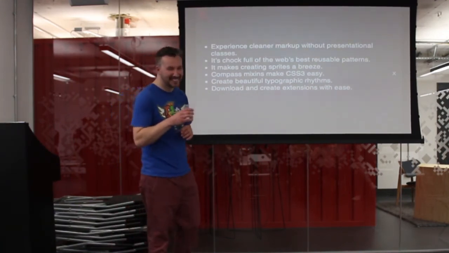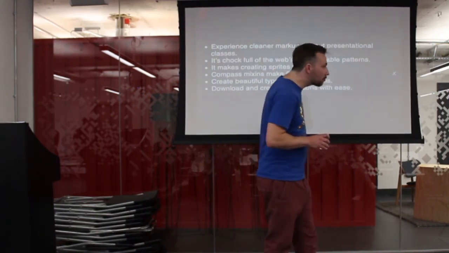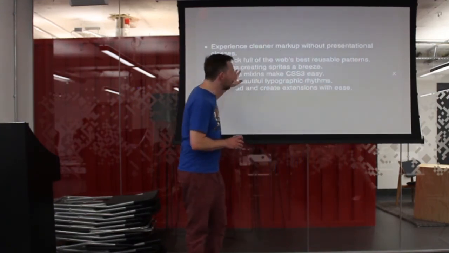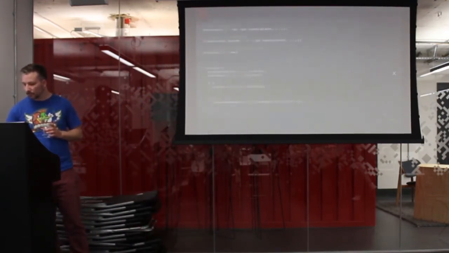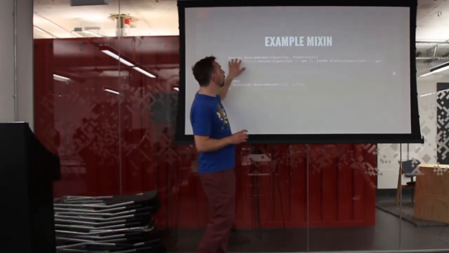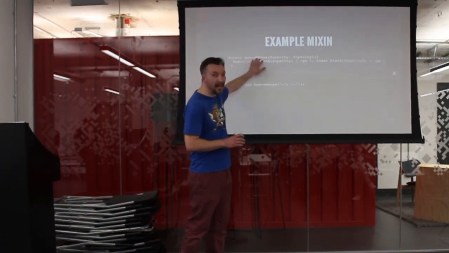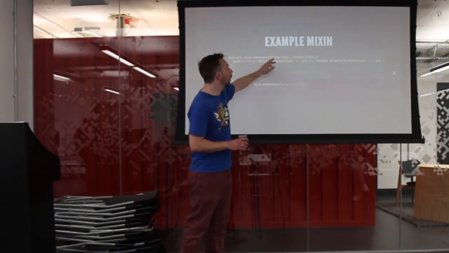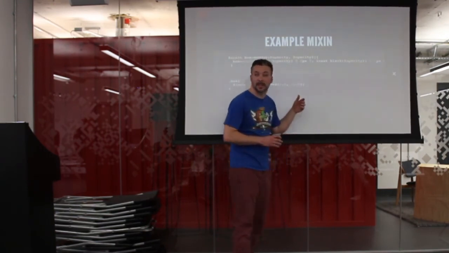Yeah. How do you save a chunk of code as a mixin? Literally just copy it, slap it in, do your @mixin, whatever name you're going to call it, opening bracket, close, and the code goes in there. And that's it.